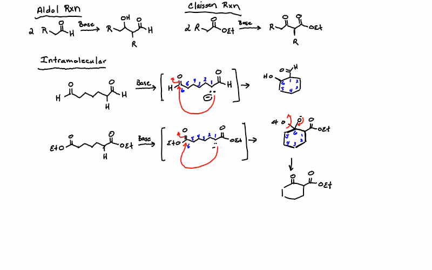Okay, now the aldol reaction, when it's in its intramolecular form, doesn't really have a special name, but the intramolecular Claisen reaction is known as a Dieckmann cyclization. Okay, now the size of the molecule is what's going to dictate what the size of the ring is going to be.